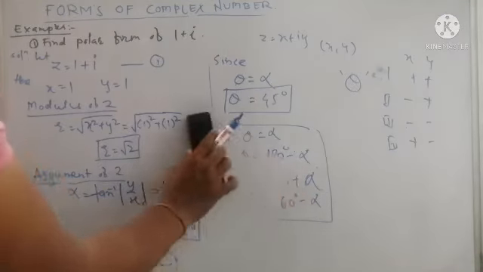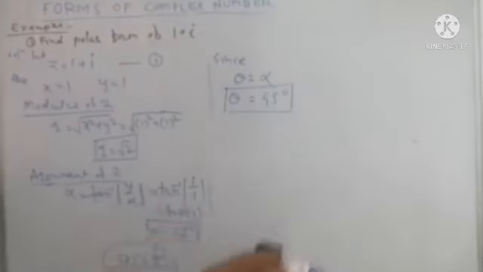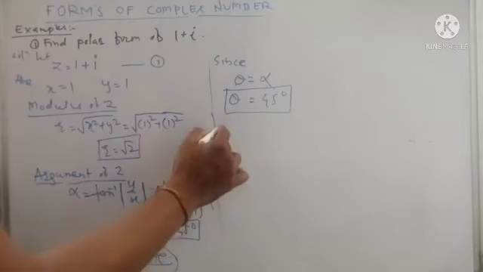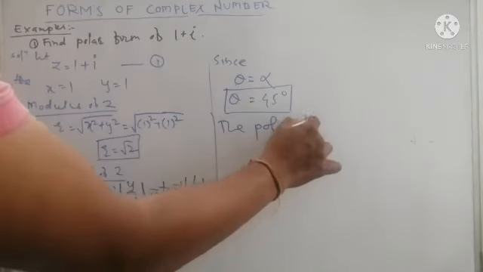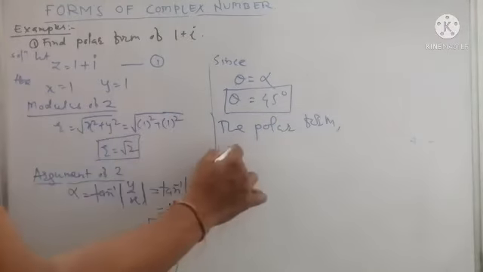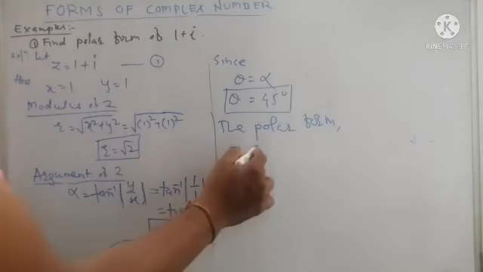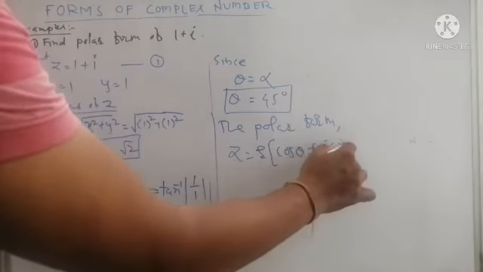Okay, so remember this. Now in this example, we get modulus r equal to root 2 and argument theta equal to 45. So we evaluate the polar form of the given complex number, which is given by z is equal to r into bracket cos theta plus i sin theta.